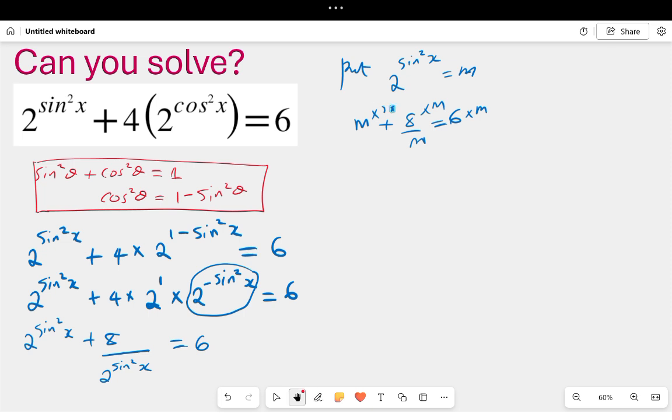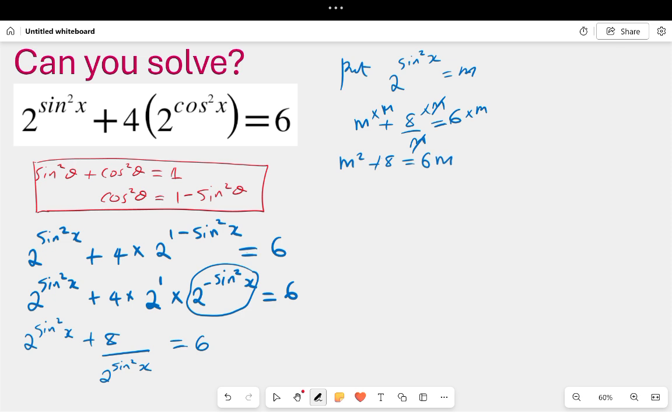By multiplying by m throughout, we are going to get m squared. This and that cancel out, plus 8 is equal to 6m.